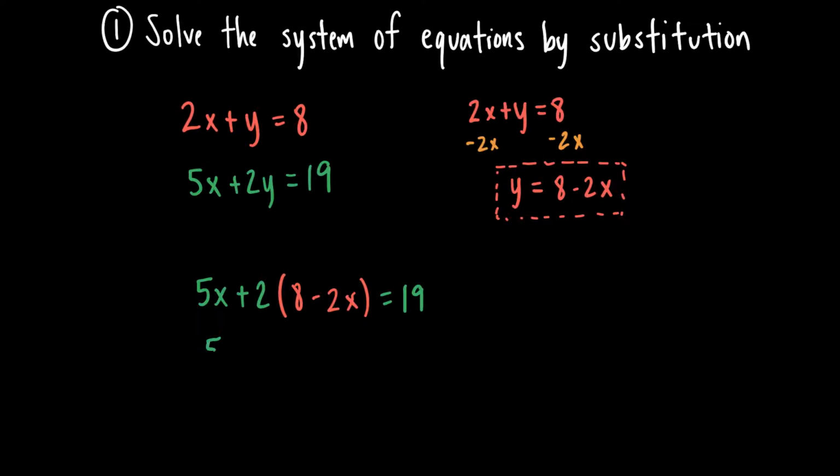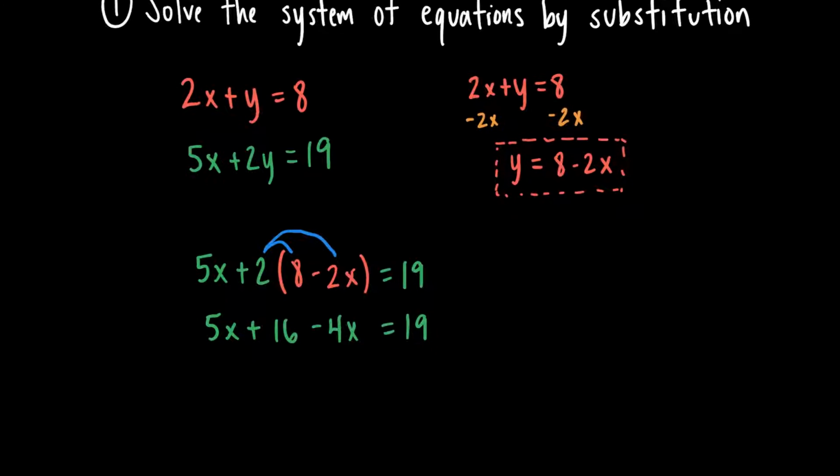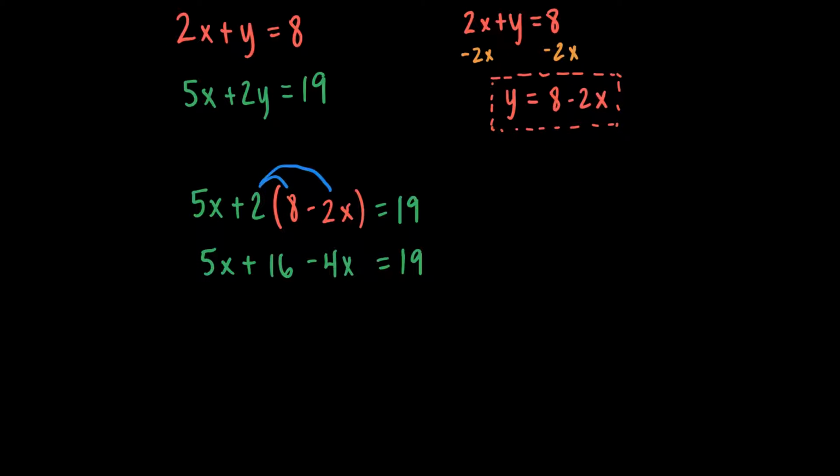All right, so let's solve this. So we're going to have 5x plus, what I'm going to do, 2 times 8 and 2 times negative 2x there. So 2 times 8 is 16, and then 2 times negative 2x is going to be negative 4x. That's going to be equal to 19. I'm going to bring that 19 down. I'm just going to collect like terms here. So I've got some x's.